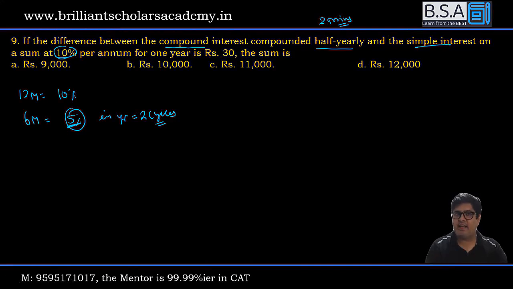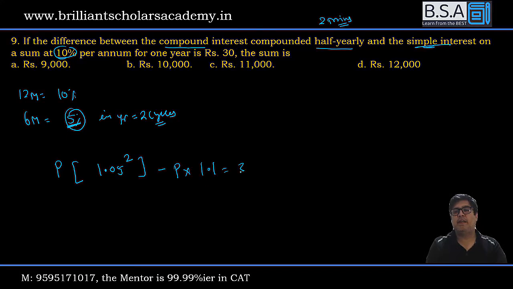So what we are saying is there is some principal. It was raised by 5% twice. Principal into 1.05 squared. Why 0.05? 5% interest twice, so square. Minus principal into 10% simple interest. This is equal to rupees 30. You have a calculator, you want to use that, it is perfectly fine.